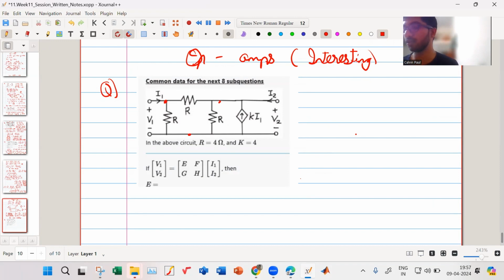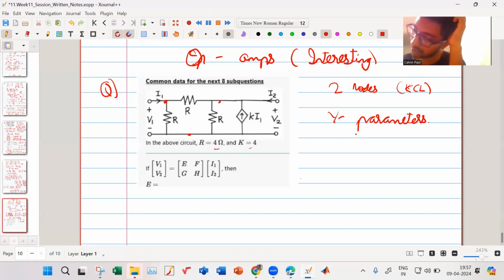So there are only two nodes where you will apply KCL. So I will find the Y parameters like this. Y parameters are very simple to find in this case. Also, there is a common ground, so it is very easy. It scales very well.